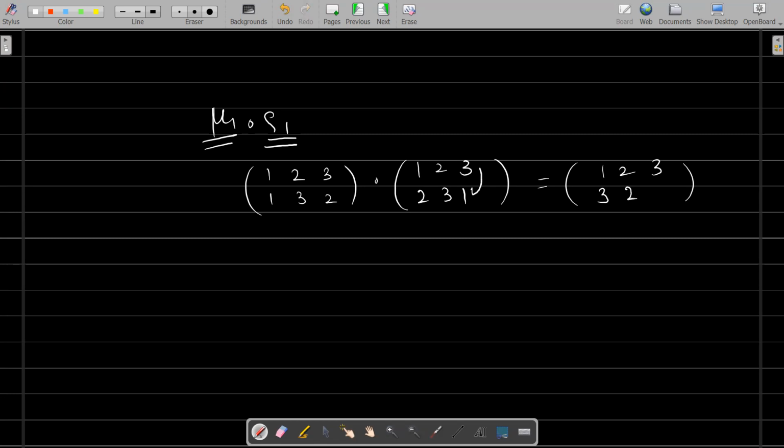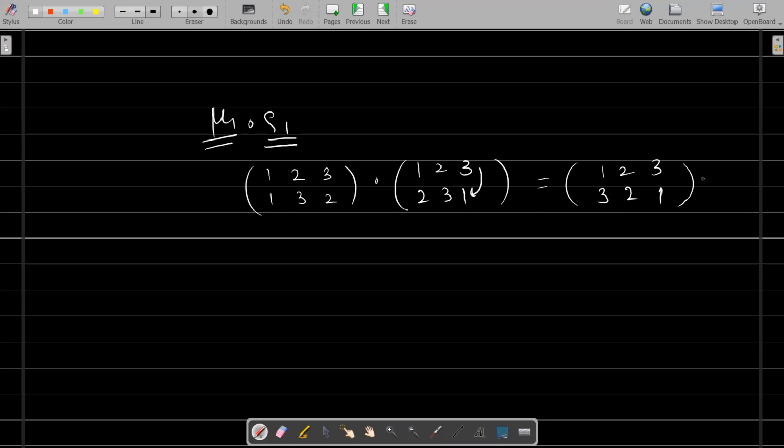And 3 goes to 1, and 1 goes to 1, so finally 3 goes to 1. So you see this is again one of those symmetries.